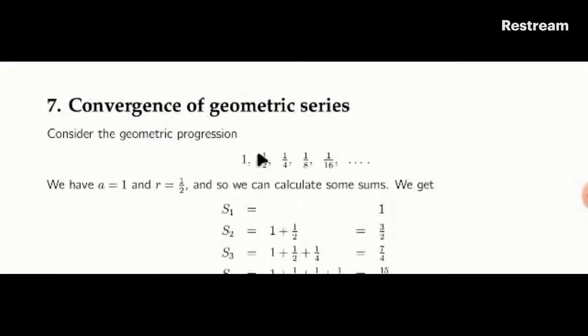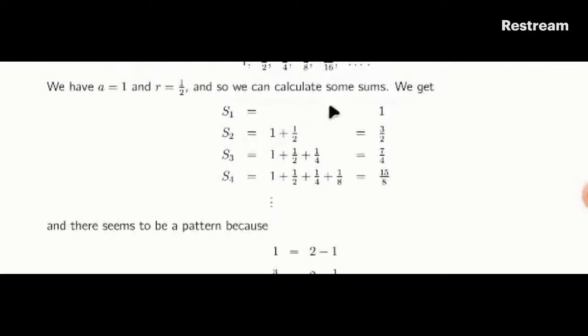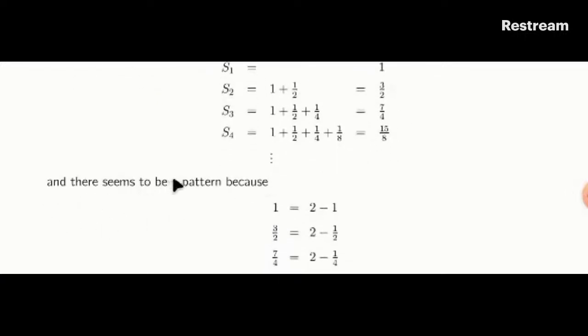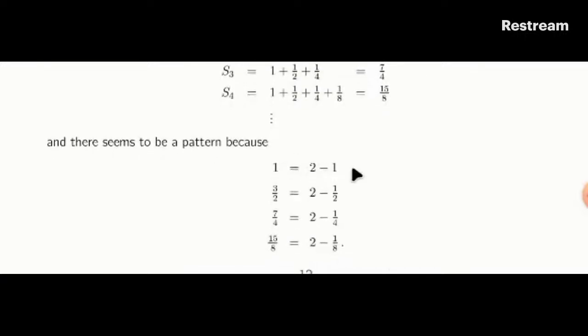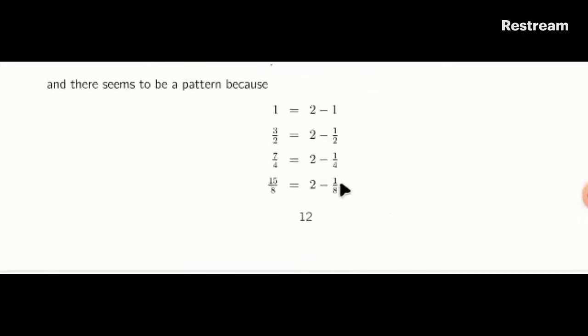Then we can talk about the convergence of a sequence. Now, if you consider the geometric progression 1 over 2, 1 over 4, 1 over 8 continuously, then we can say that it follows a pattern, right? If we calculate the sum, we get this. It's following a pattern. Can you see? 1 is equal to this, then 3 over 2 is the same thing as this, then 7 over 4 is the same thing as 2 minus something.